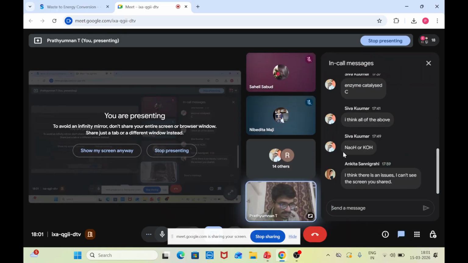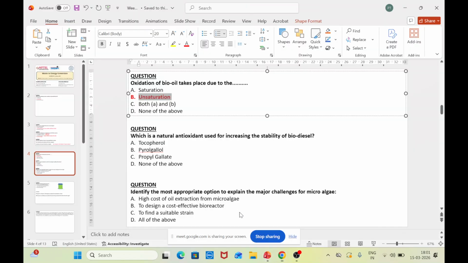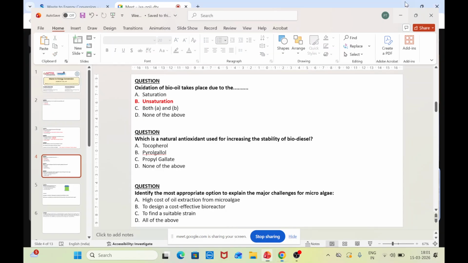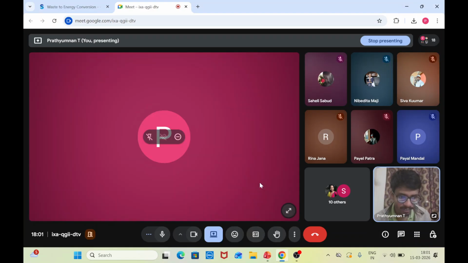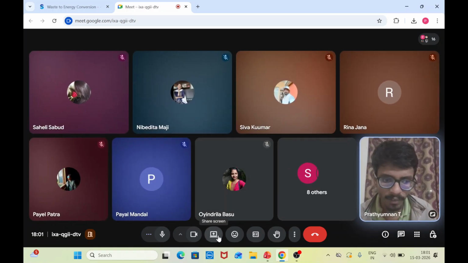Oh, uh, is my screen visible to everyone? Or just a second, let me stop sharing and let me share my screen once again. Huh.